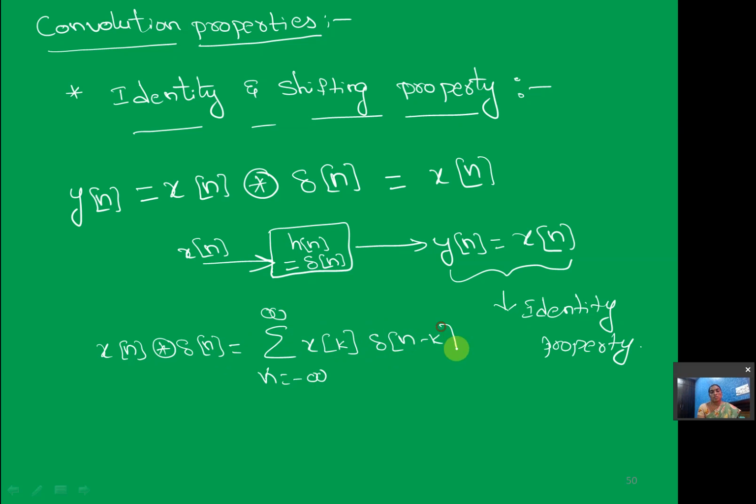From the convolution definition, I am just replacing del of n in the h of n place. So this is equal to x of k into del of n minus k. Here we know the sampling property. What is the sampling property?